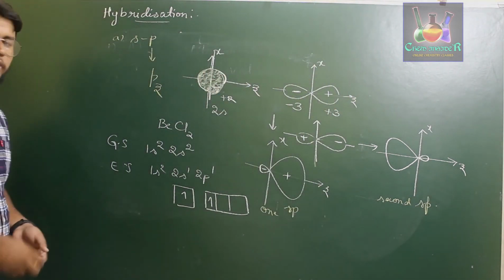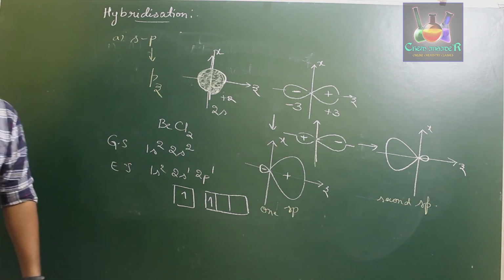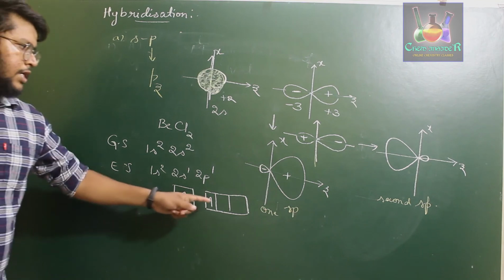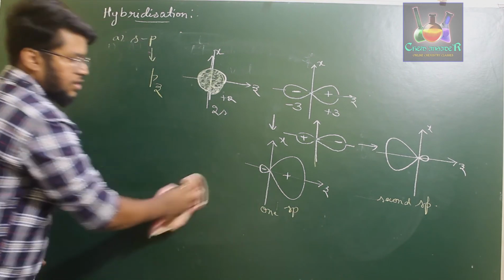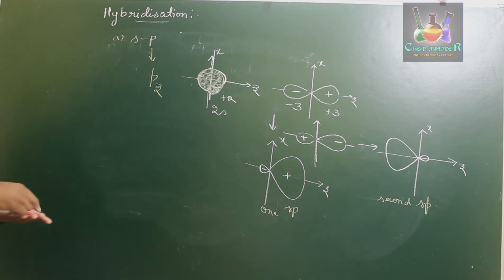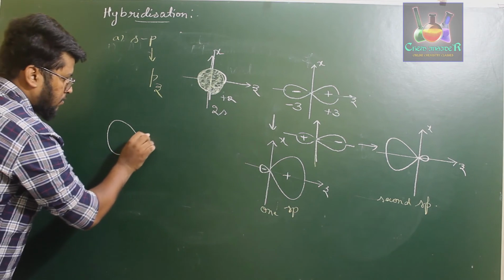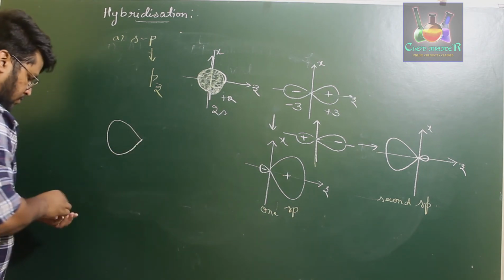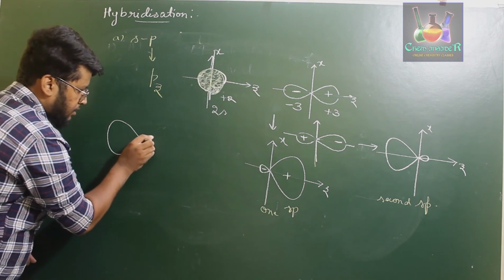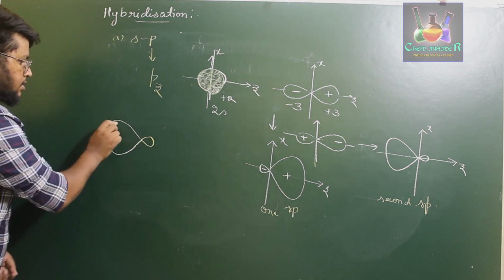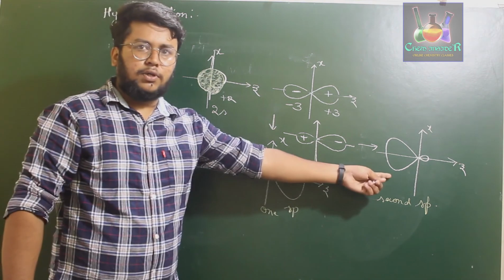Okay. So now, if you consider beryllium, which has two sp hybrid orbitals, it will be of the structure such as like this. So first one with a smaller charge. So let us write this as here. Okay, this is the positive, this is the negative of the second sp orbital.